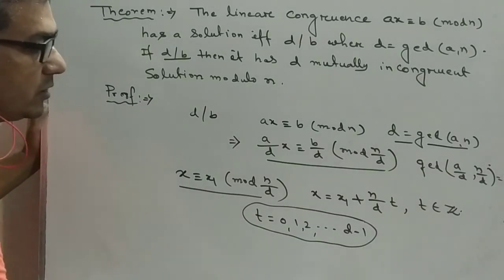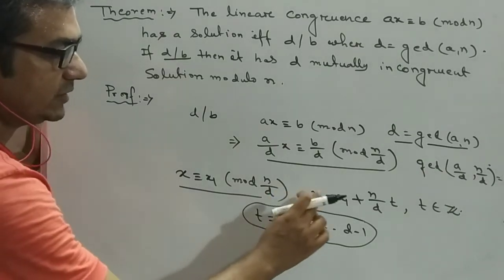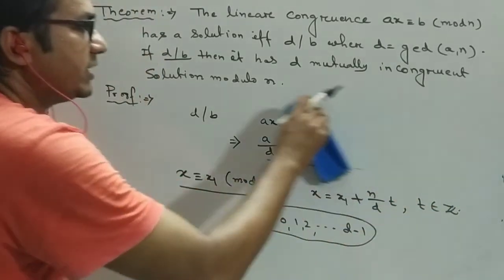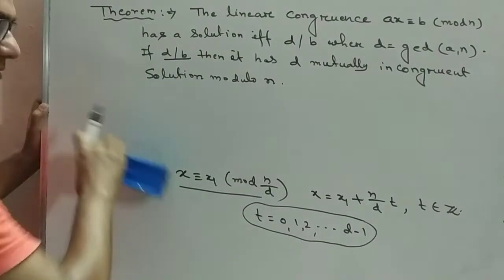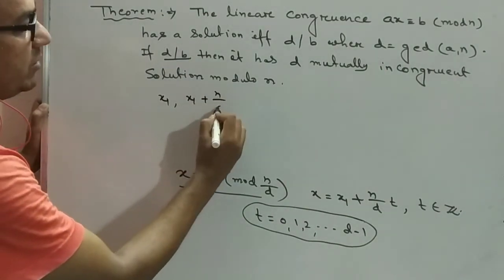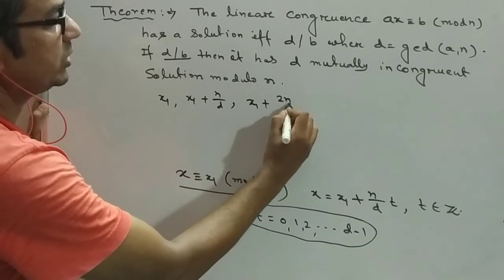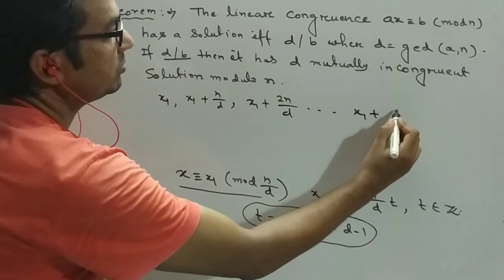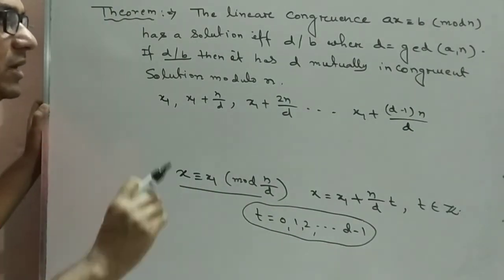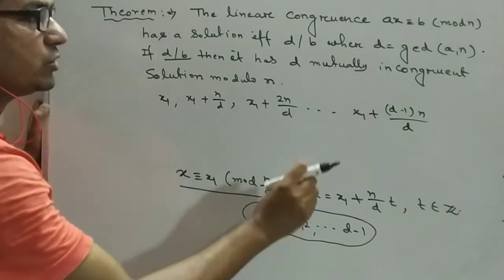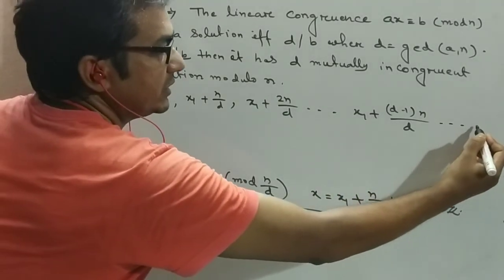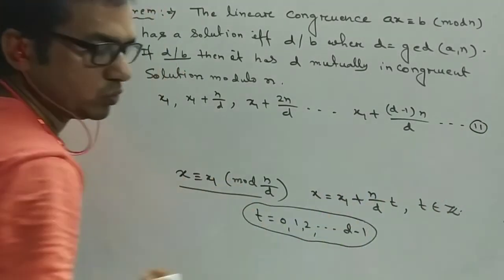So, by putting the values of t in this position, we get the solutions as x1, x1 plus n by d, x1 plus 2n by d, to x1 plus d minus 1 into n by d. These are the d solutions of this, and we name this as 2.